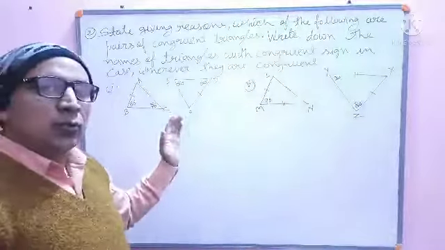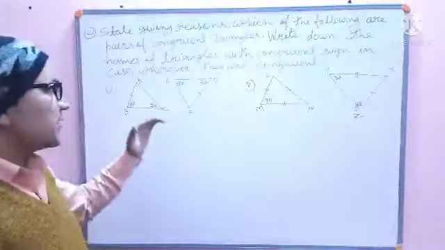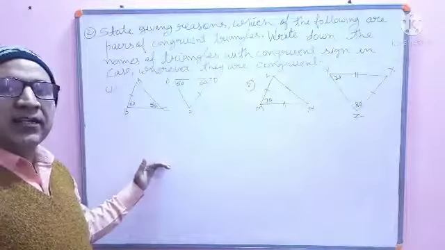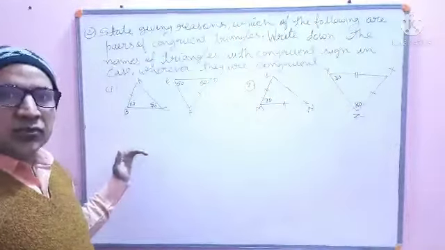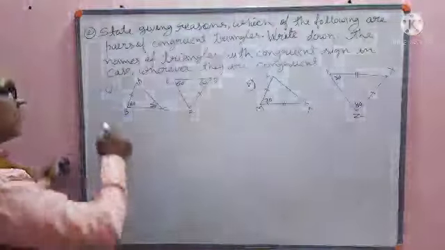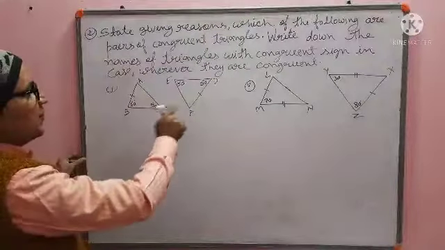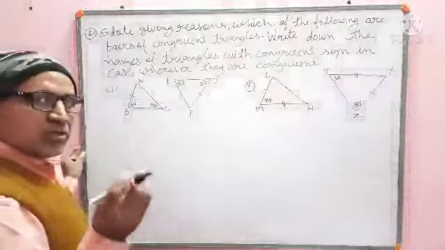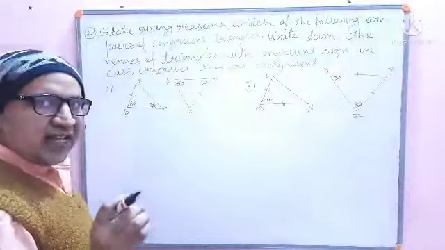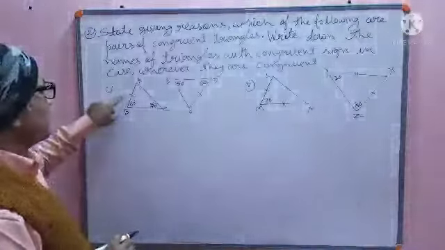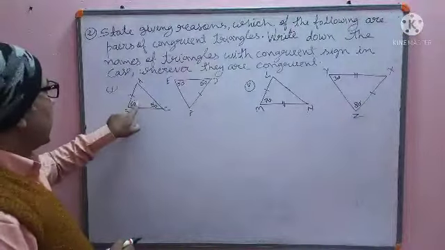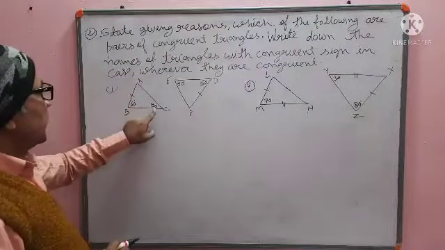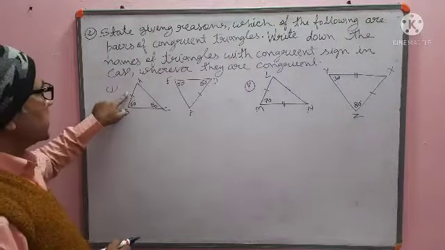The way I told you in the first question, in the same way you can solve this question also. How? See here. First write the name of the triangles. So first with the help of the picture, check whether these are congruent or not. Angle, angle, side. 50 degree, 60 degree, then this side.